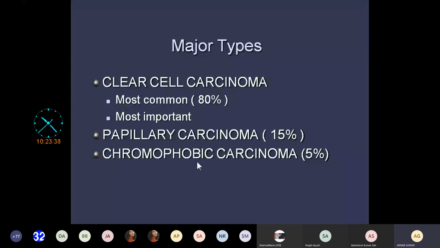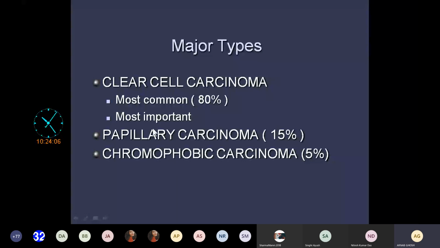Chromo means anyone? Color. Chromo is color, and phobic or phobe comes from phobia, meaning not liking basically, so disliking. So basically, in this malignancy, the malignant cells will not take proper stain.